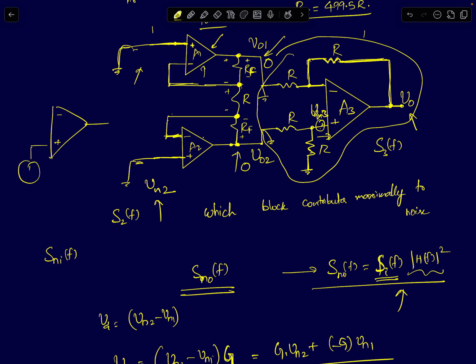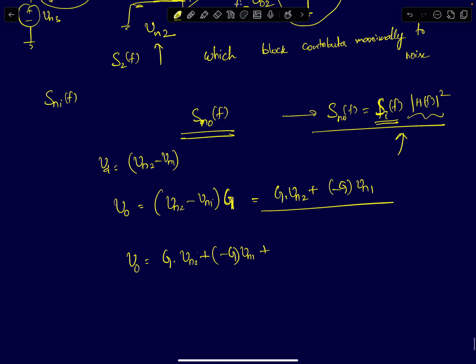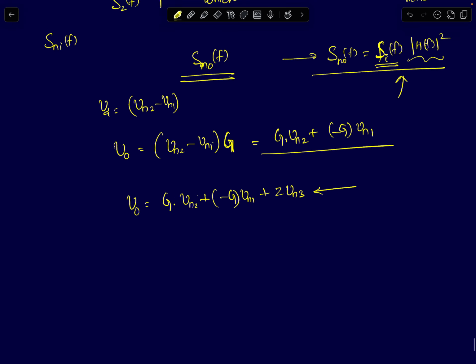You'll have a voltage source of value Vn3, and two resistors which come in parallel of value R by 2, and the circuit reduces to something like this. Since no current flows at the input, the drop across this resistor R is 0, so I can just treat it as ground. So now this is a non-inverting amplifier with a gain of 2. That's what I've written as 2 times Vn3. This is the overall output voltage.